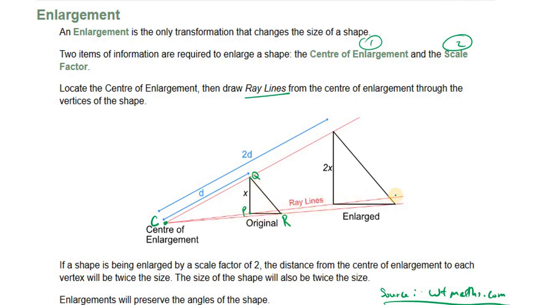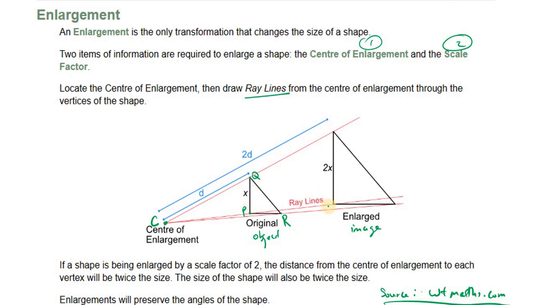Now we extend it all the way through. Now we also have the enlarged triangle. So this is the original and this is the image, right? The enlarged triangle is the image of the original, which we call the object. So from the object to the image, from the original to the enlarged shape. Now, if you look at the side PQ, that's the original length.